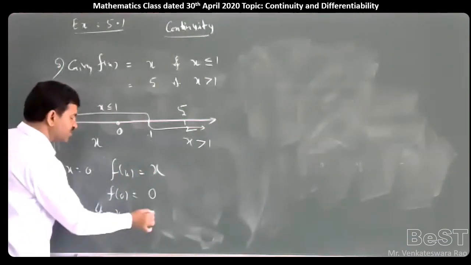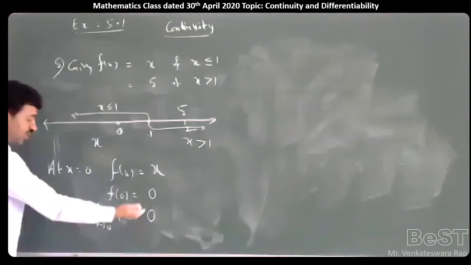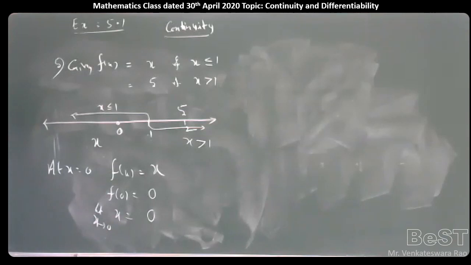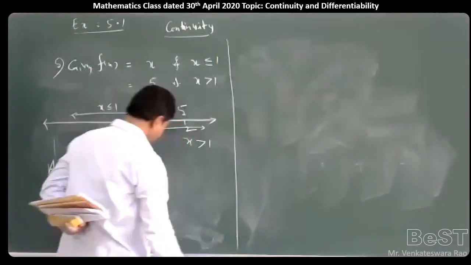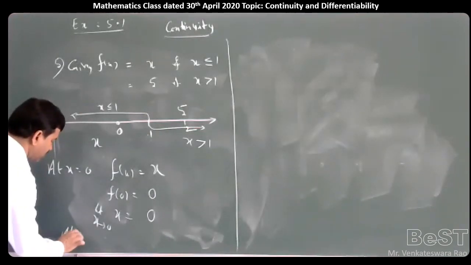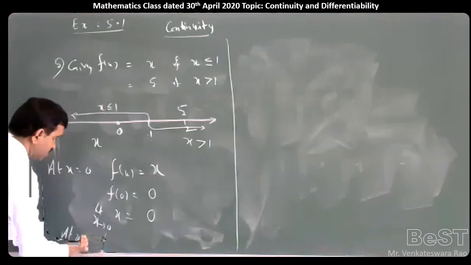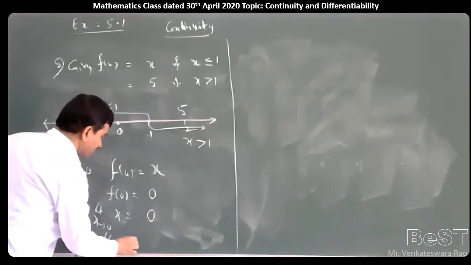Put x equals 0, substitution. What is your observation? Function value 0, limit value 0. In two ways you can write the answer, no problem. So at x equals 0, f of x is continuous.